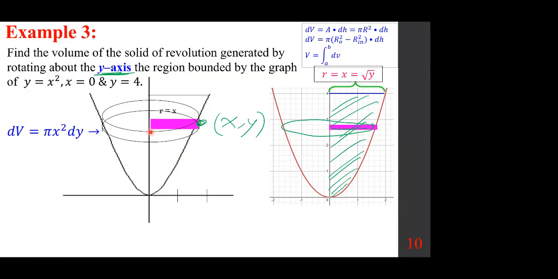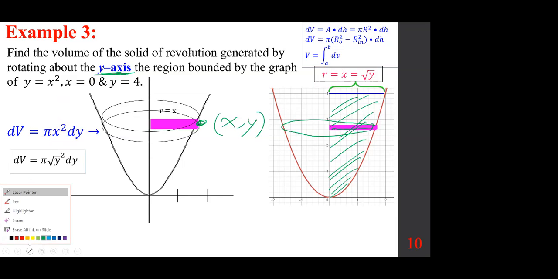So dV is pi r squared. When you square the r, that means x squared, that means y. This is r squared. So when you square it, you get y.